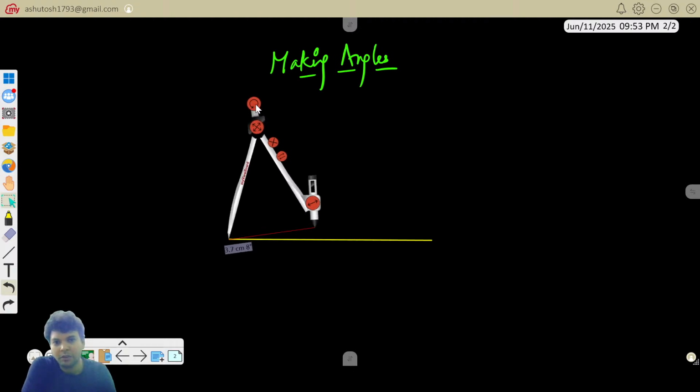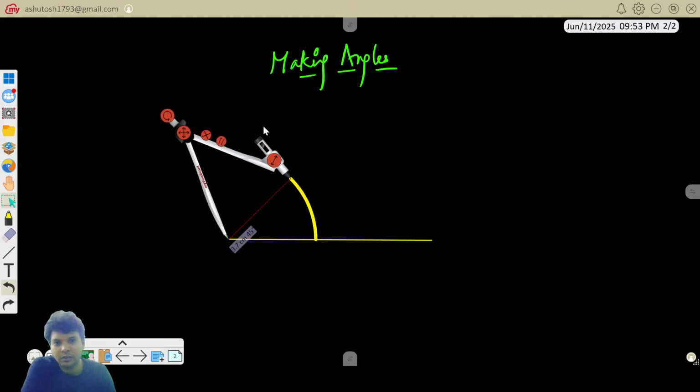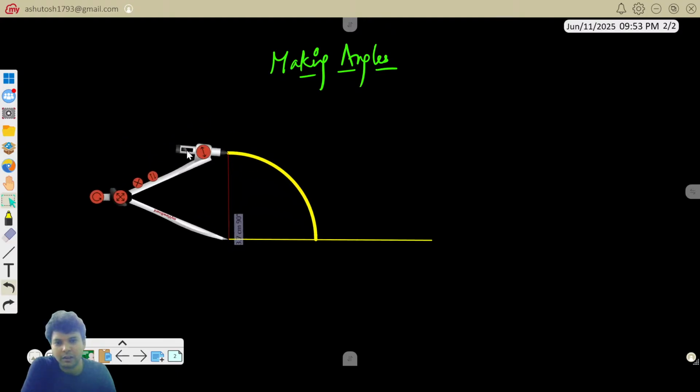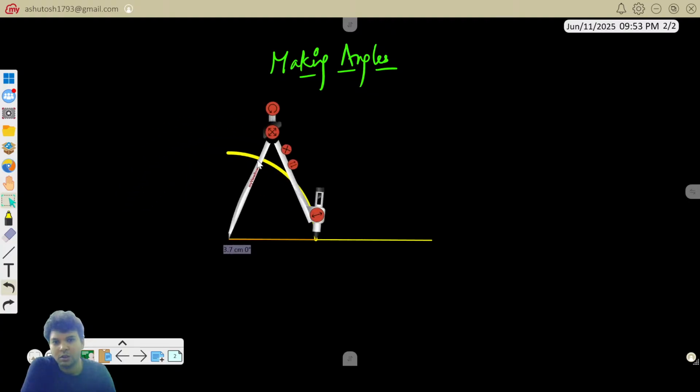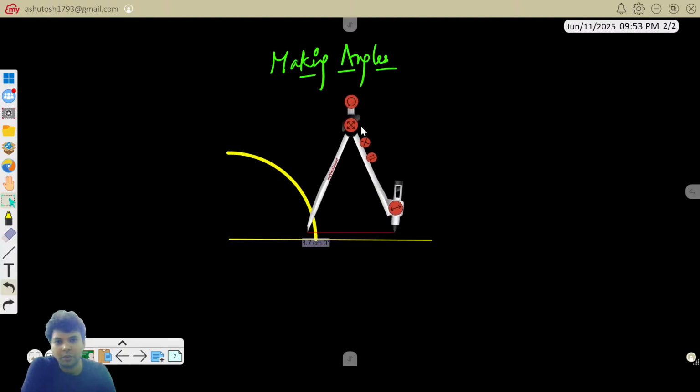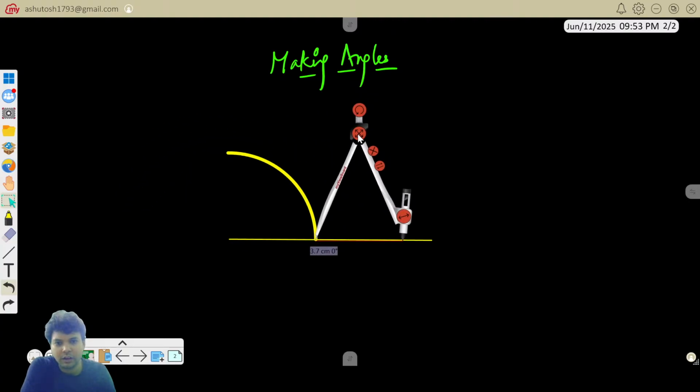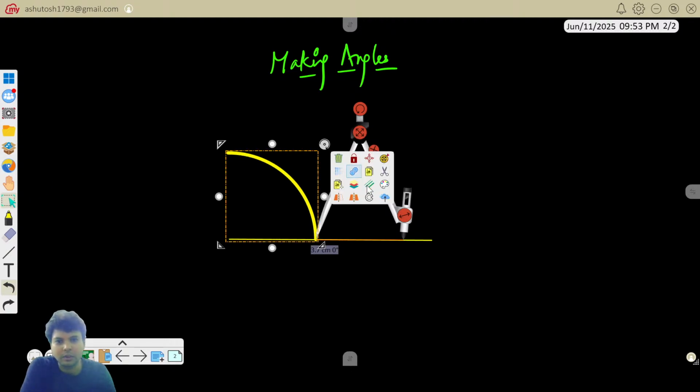Now with the help of the compass, it doesn't matter how far you go. Now from here, again do the same thing.